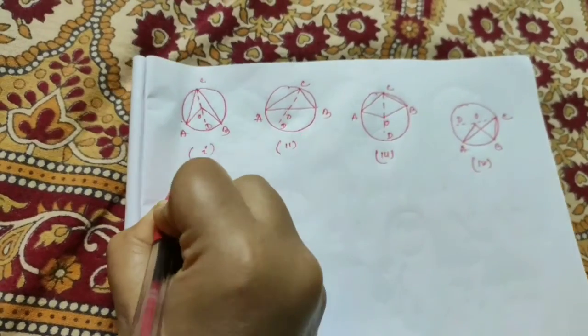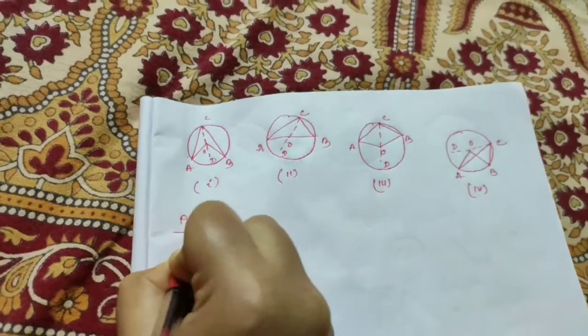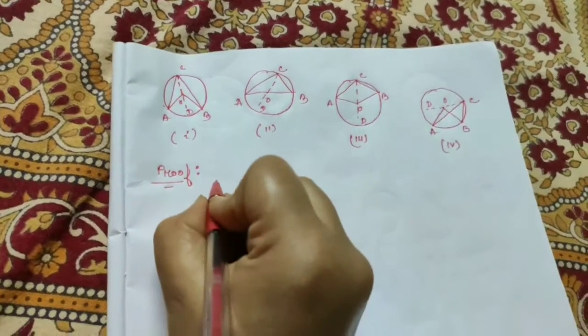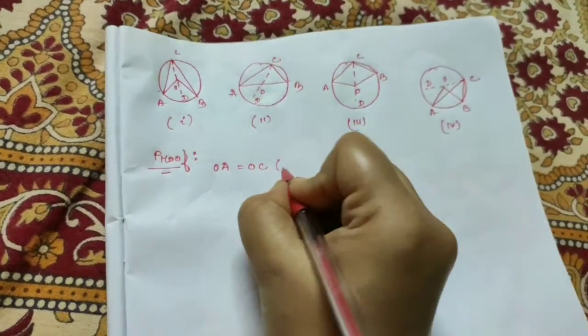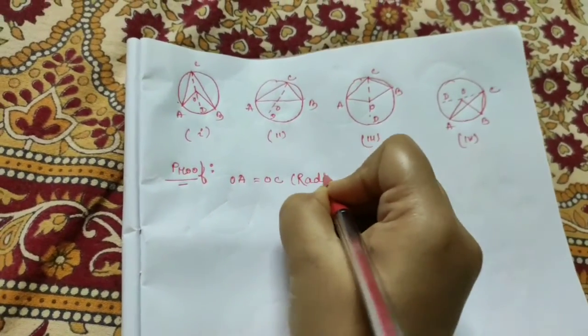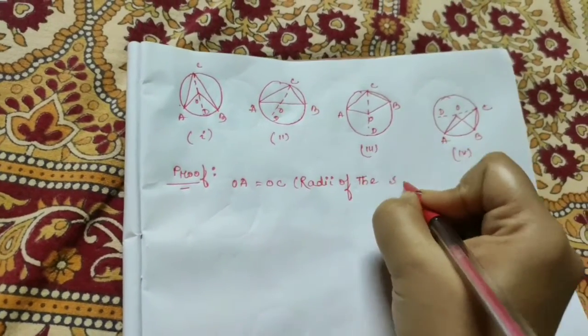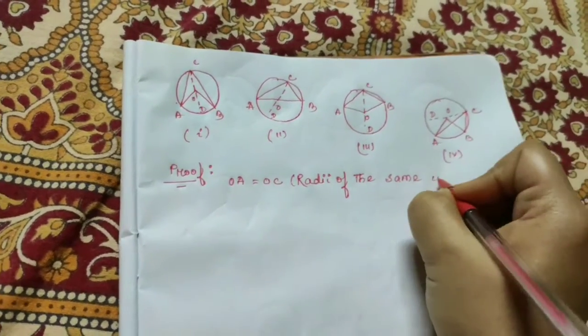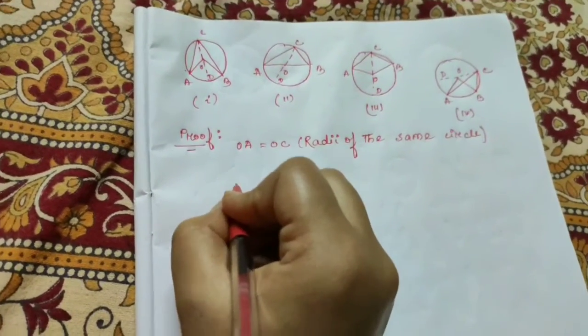Then I am going to prove part. Here OA is equal to OC because they are radii of the same circle. OA equal to OC.